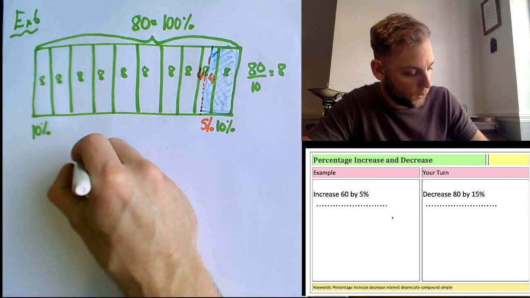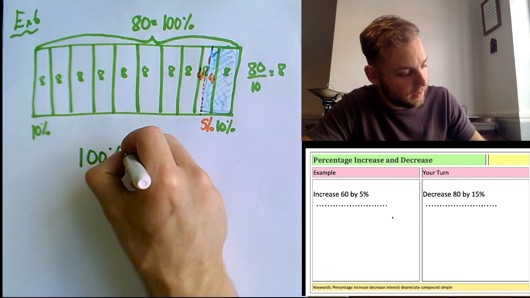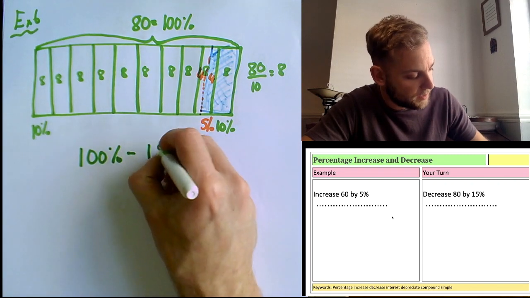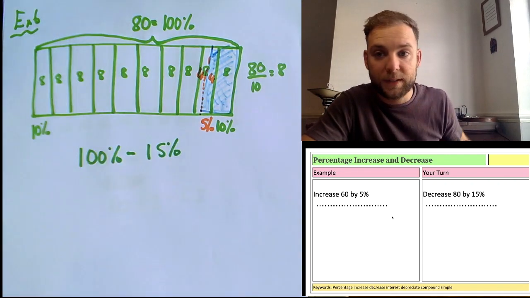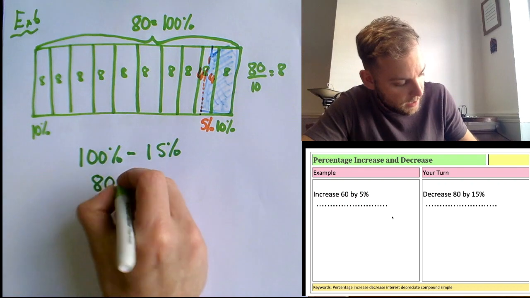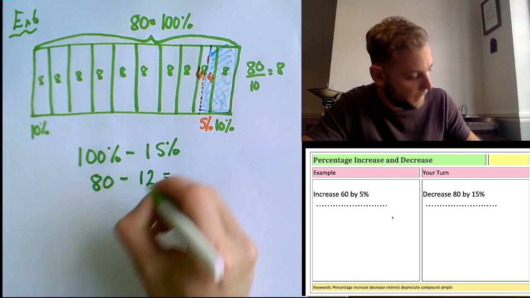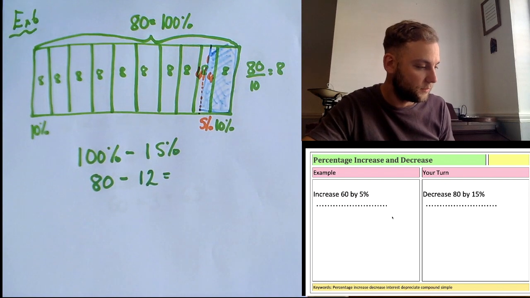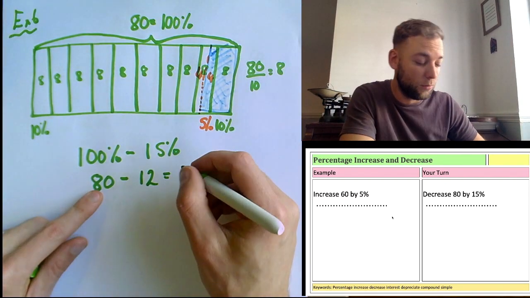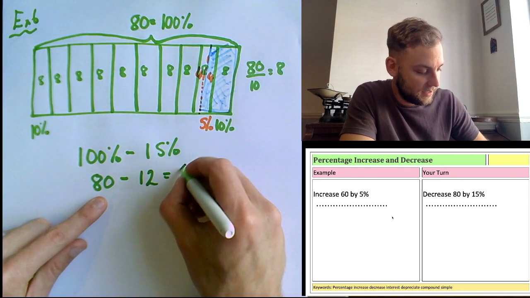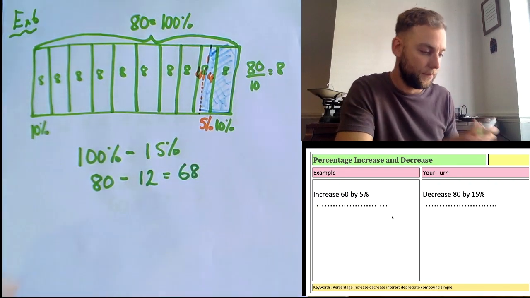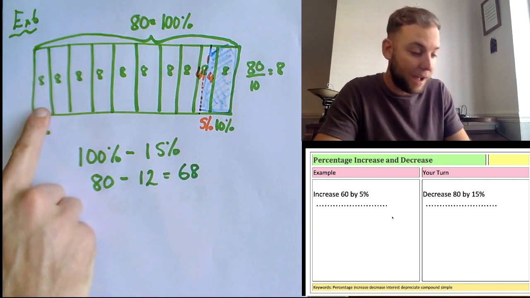So it's going to be 100% decreased by 15%. We know 100% is equal to 80. Take away 15%, which is equal to 8 and 4, which is 12. So 80 take away 12 is equal to 68. Brilliant. Now we could have done it the other way, couldn't we? We could have counted up.